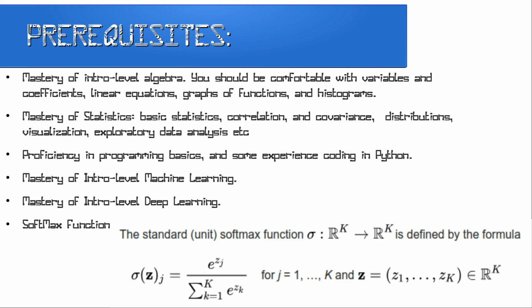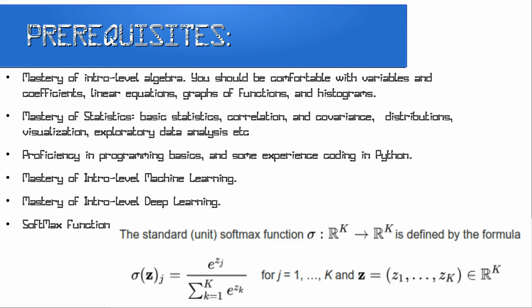The softmax function calculates the probability distribution of the event over n different events. The main advantage of using softmax is the output probabilities range. The range will be between 0 and 1 and the sum of all probabilities will be equal to 1. If the softmax function is used for a multi-classification model, it returns the probabilities of each class and the target class will have a high probability.